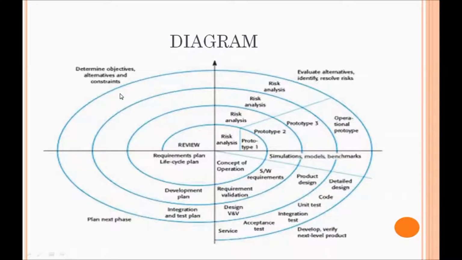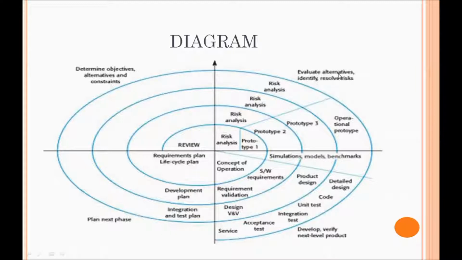And one more important thing, the phases in the waterfall model are the same in the spiral model also. Here the technical name will change, that's all. The actual meaning of the phases will remain the same. For example, determine objective is nothing but requirement collection, one and the same, right?